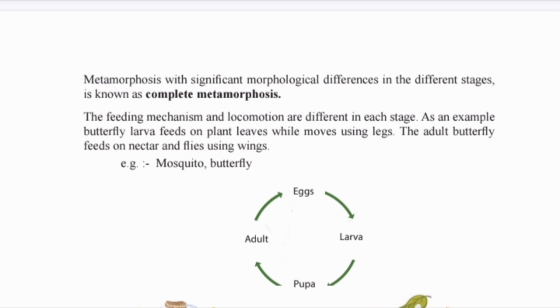Students, what are the characteristics of complete metamorphosis? Different feeding mechanisms and locomotions in each stage. So there are different feeding mechanisms and different locomotion in stages.